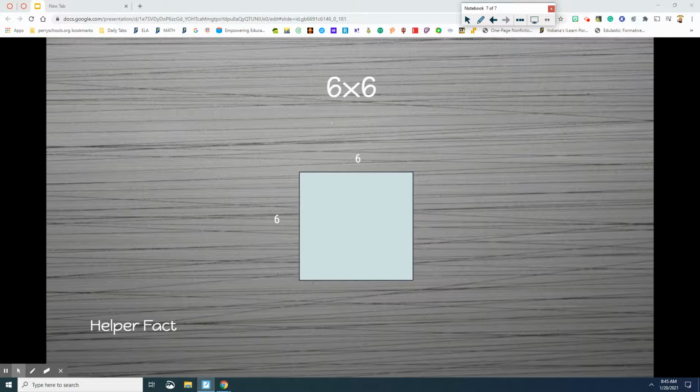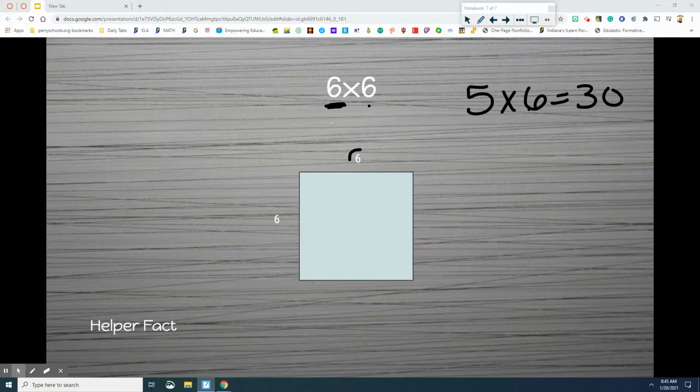Now, there's another way we could do it. We could look at a number that is close to one of these numbers. So in 6 times 6, I know that 5 is close to 6. So I could say 5 times 6 equals 30. That means I have 5 groups of 6. But I need 6 groups of 6.